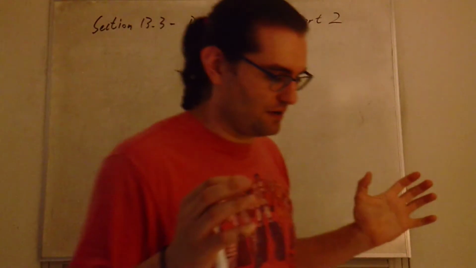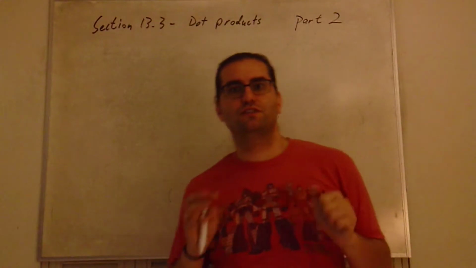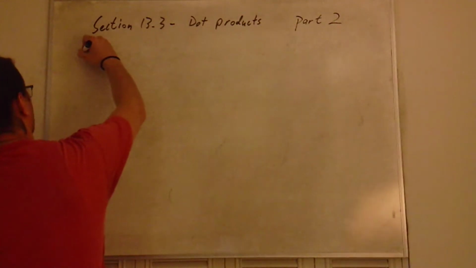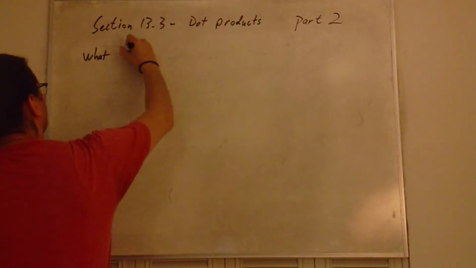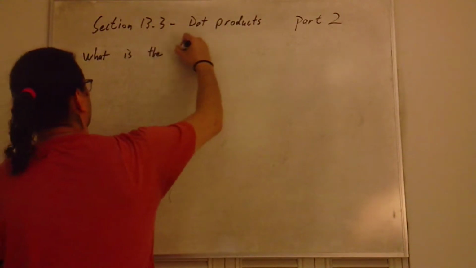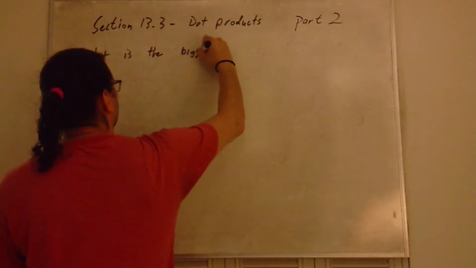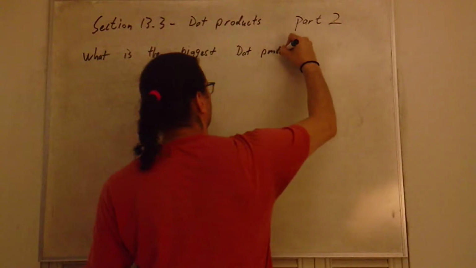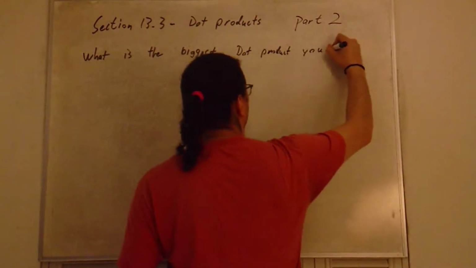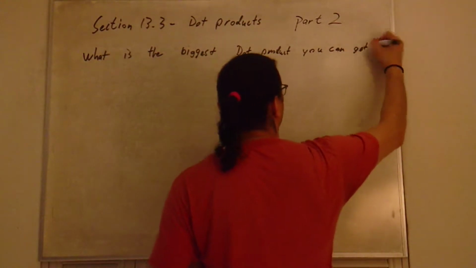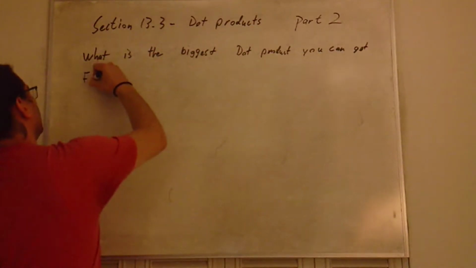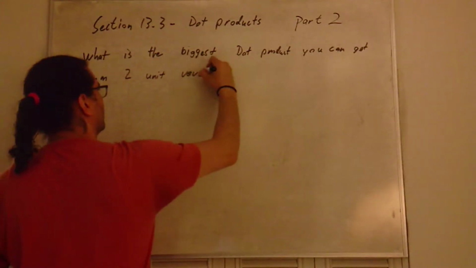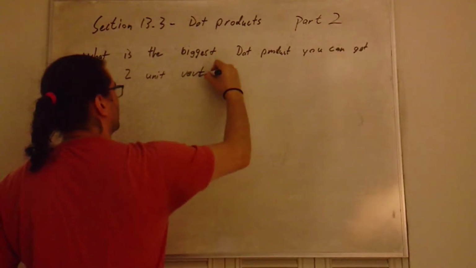If we limit ourselves exclusively to unit vectors, the question I want to ask now is, what is the biggest dot product you can get from two unit vectors?